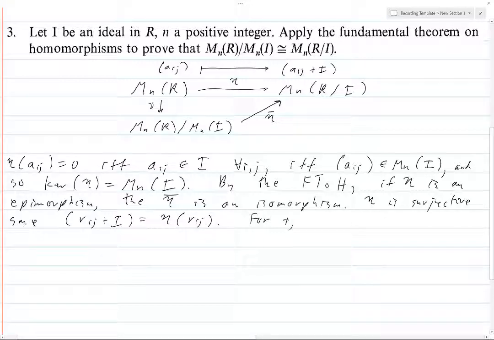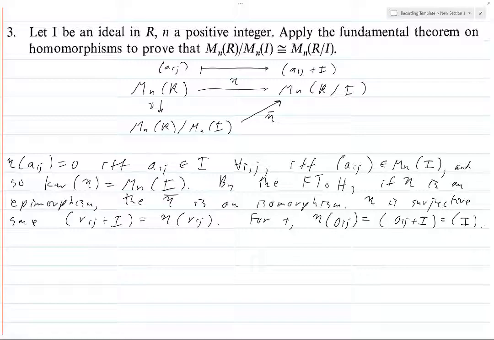So for plus, we want to prove that this is a homomorphism with respect to plus. So eta of (0_ij) you could write as (0_ij + I), to emphasize that this is a matrix of elements of the form 0_ij + I, because what I'm going to write next is a little ambiguous. It's just I in parentheses, and you might think, oh, is that just I itself?